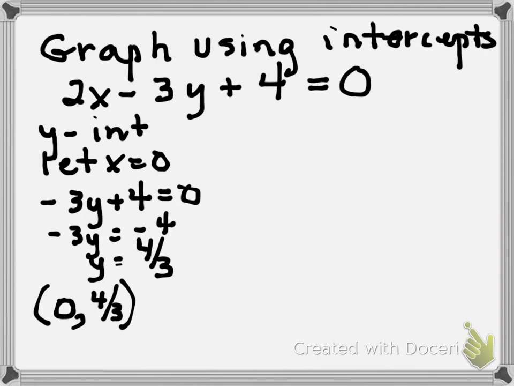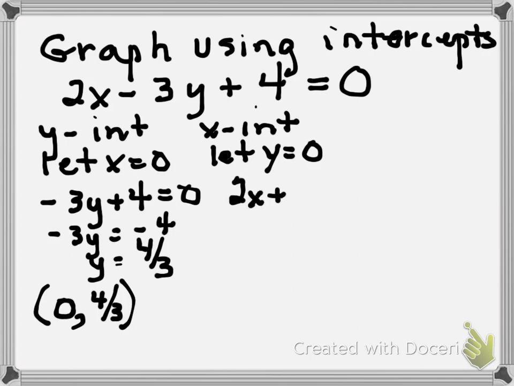The other is to find the x-intercept, and that is to let y equal 0. So negative 3 times y, the y is going to disappear, and I have 2x plus 4 equals 0. 2x equals negative 4. x is equal to negative 2.